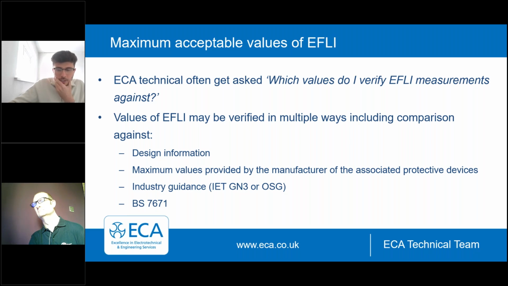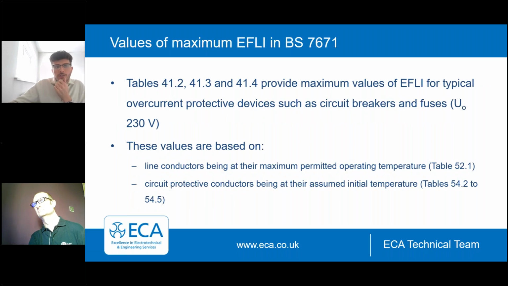BS7671. So starting with the values of maximum Earth Fault Loop impedance in BS7671. These are found within Chapter 41, where we had a little look earlier, and they're found within Tables 41.2, 41.3 and 41.4 for typical overcurrent protective devices, so circuit breakers and fuses, based on a nominal voltage of 230.